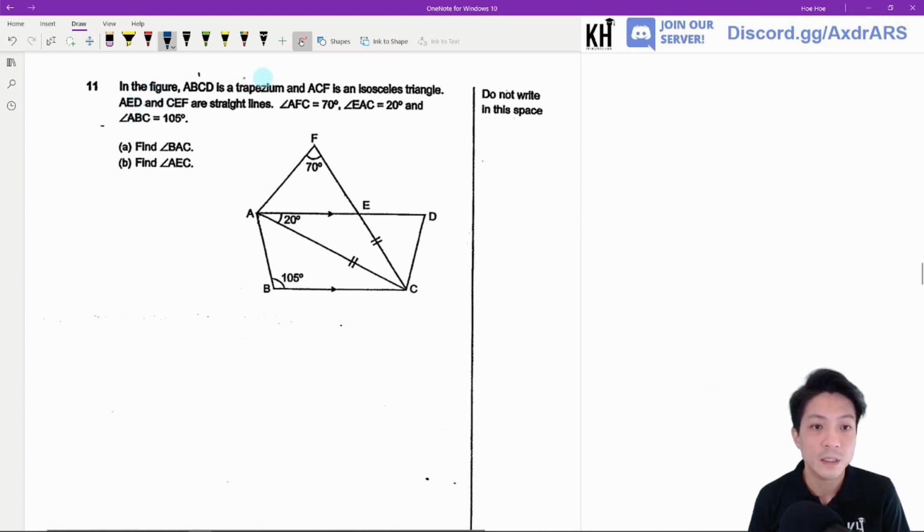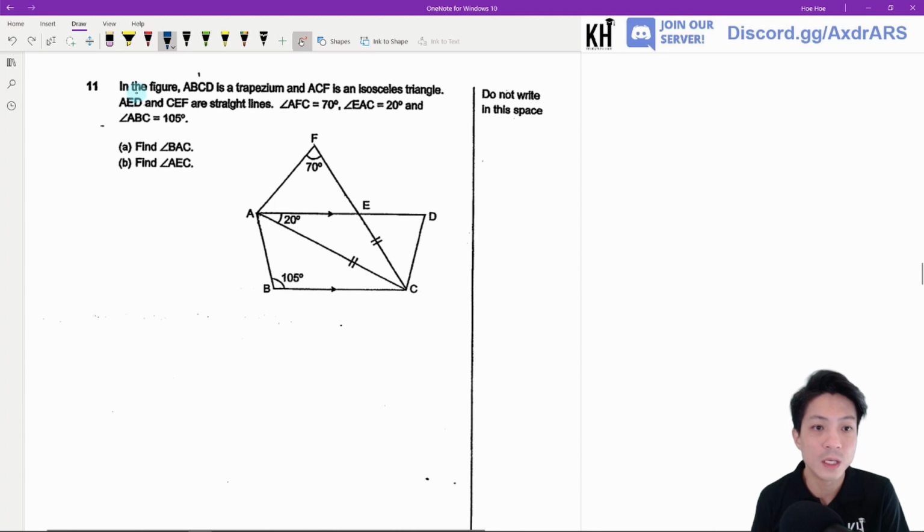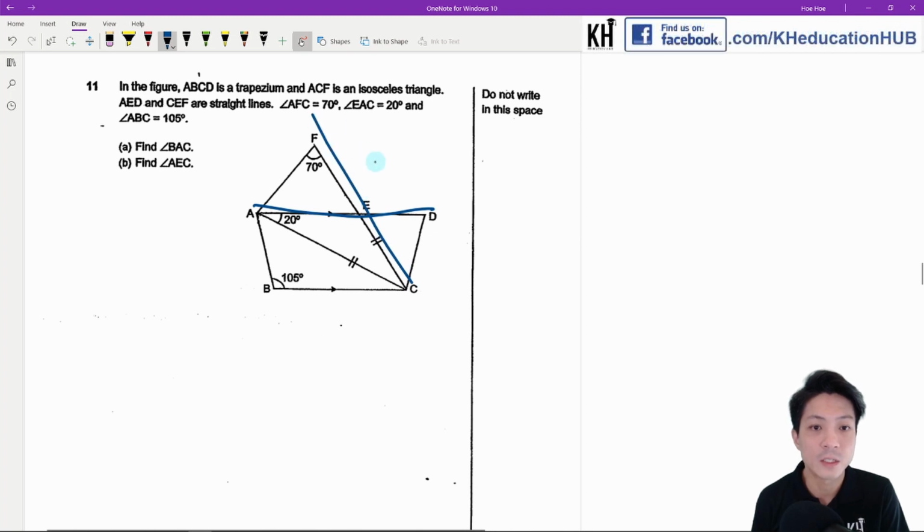Question 11. The figure ABCD is a trapezium, and ACF is isosceles. The marking is drawn. AED and CF are straight lines.